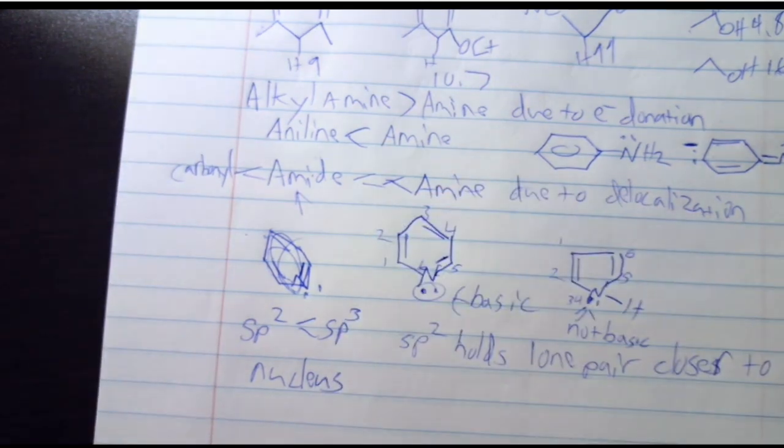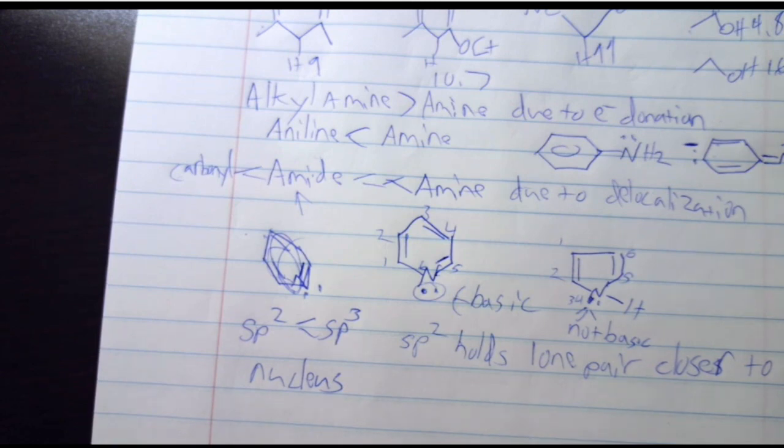I know this is kind of hard to imagine, but remember these hybrid orbitals are made of some proportion of the s orbital, which is the sphere, and some portion of the p orbital, which is the lobes, a little bit longer and wider.